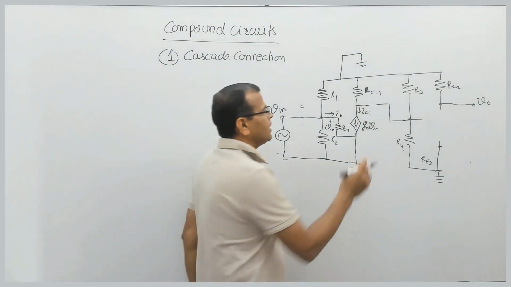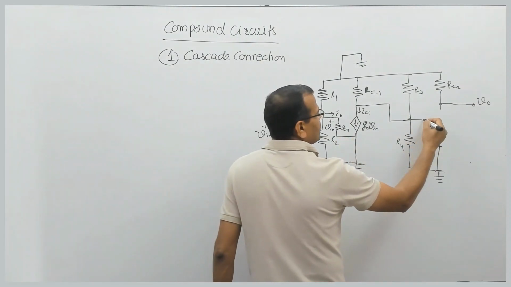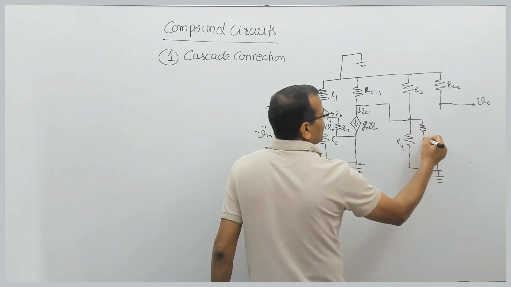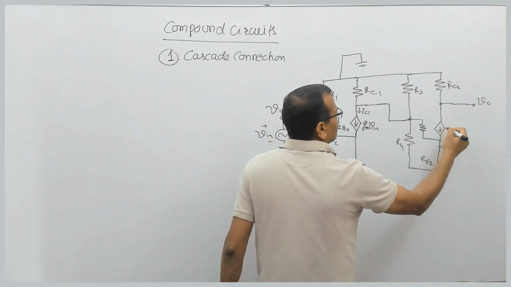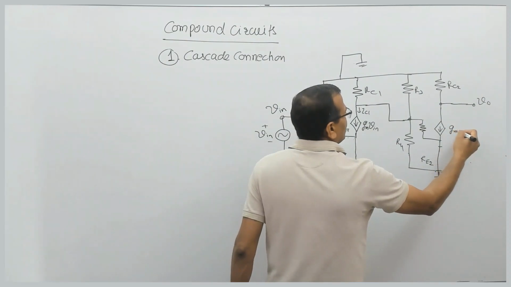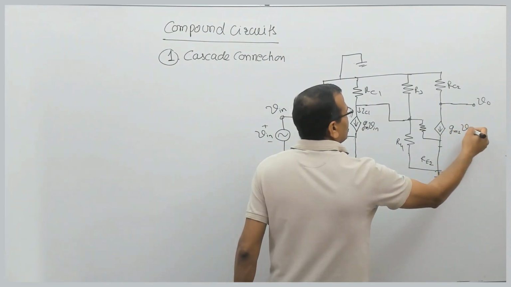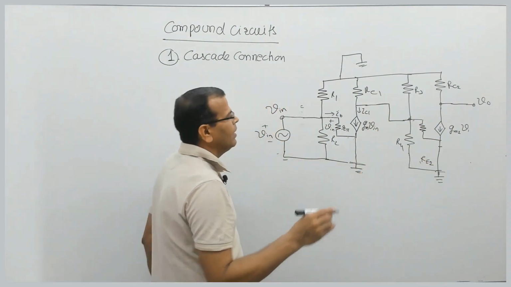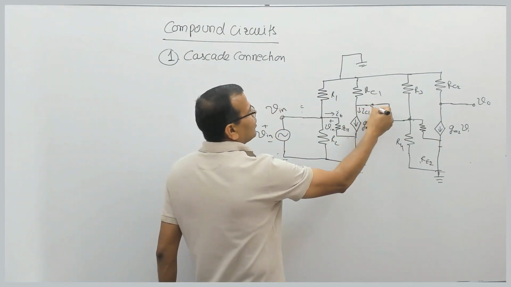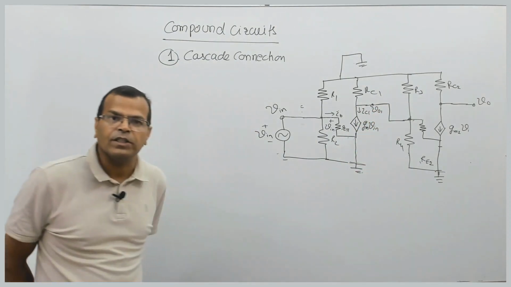Now a similar model has to be taken at this stage, and again I will be taking it in terms of transconductance, that is gm2 into V. Now what is this voltage? Please see it carefully. The voltage at this node is what? V01, the output of the first stage.